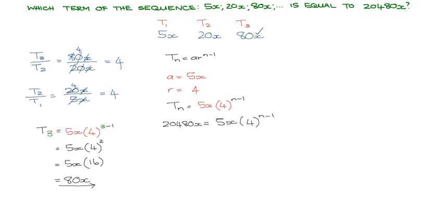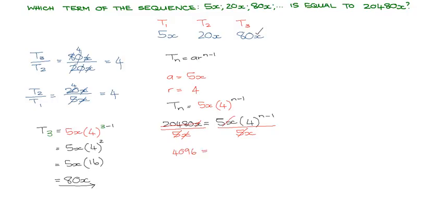Let's separate the 5x from the 4. Notice that they're being multiplied, so in order to separate them, I will divide by the number that I want to get rid of. And in order to keep balance in our equation, I shall divide it on the other side too. So this x cancels out that x, and we shall see how many times 5 goes into 20,480. And it goes in 4,096.